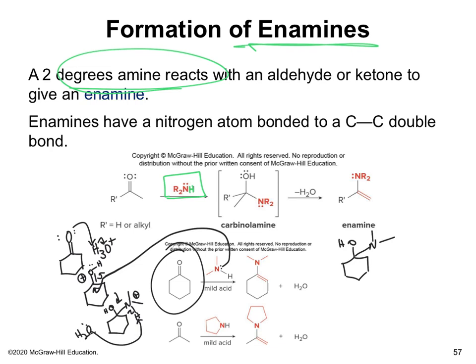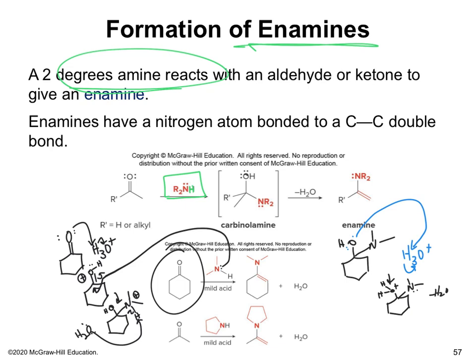Now, we still have acid, and we want this OH to be a good leaving group. So we're going to protonate that. Now, at this point, we need to lose water.